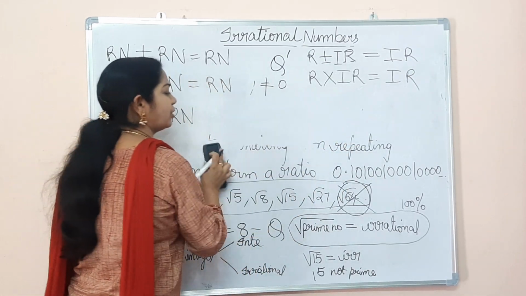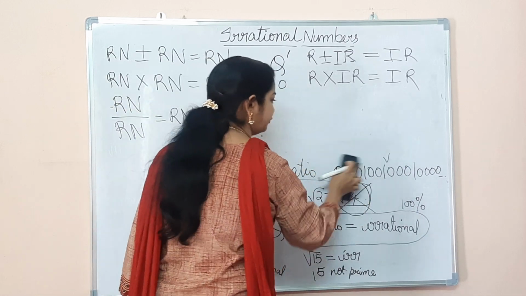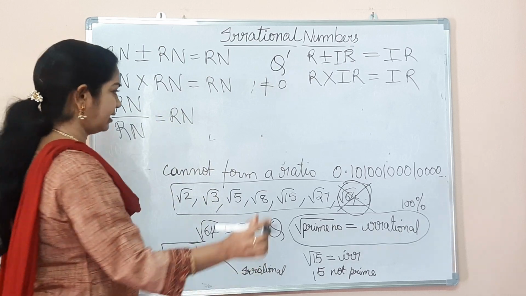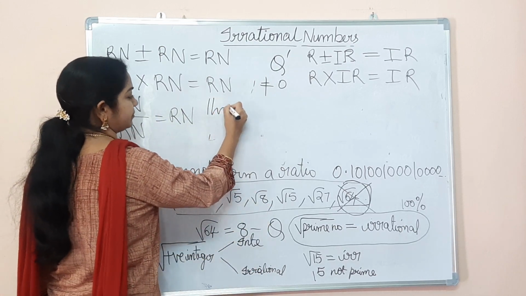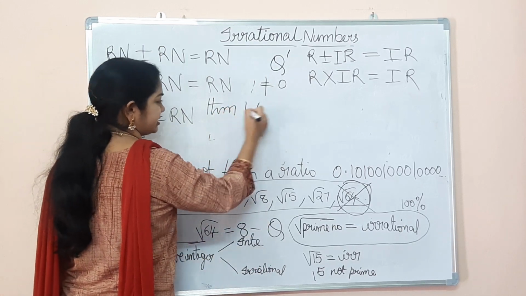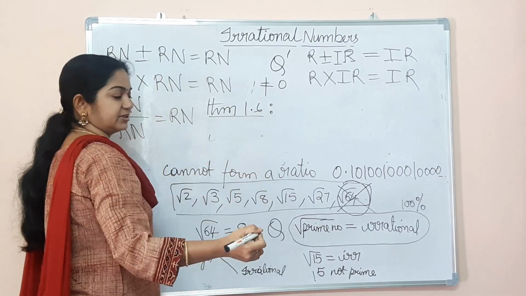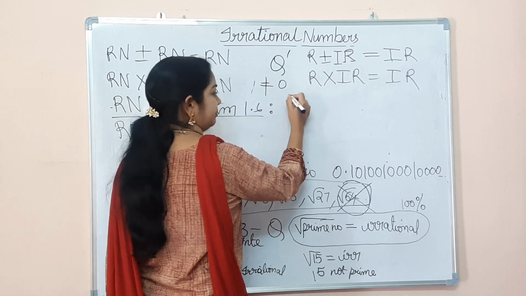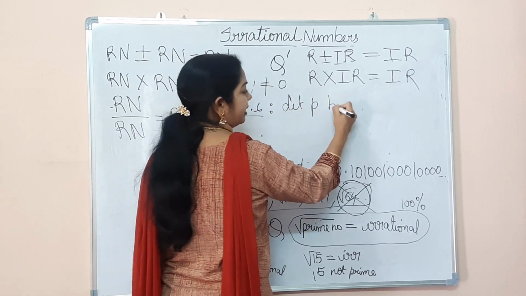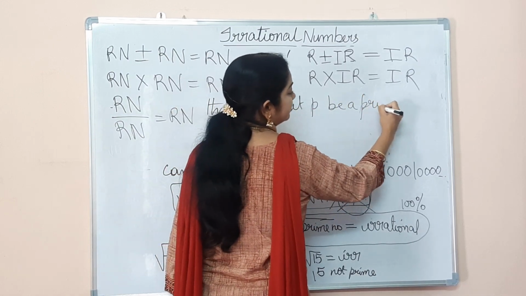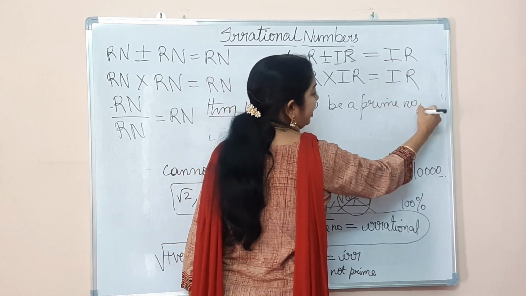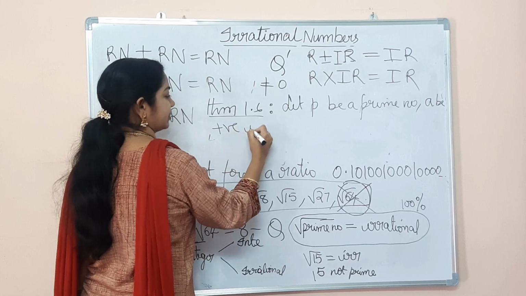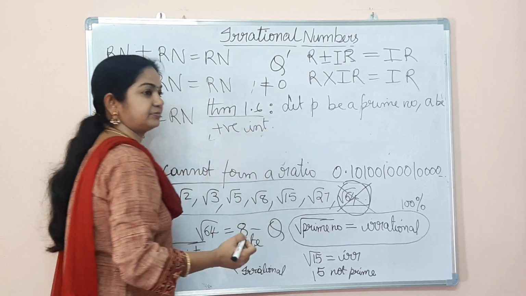With all these concepts in mind, there is also one simple theorem. For the examination point of view, there is no need for the proof, you just need to understand the statement. That theorem is in your textbook, 1.6 I think. Let P be a prime number, and a be a positive integer.